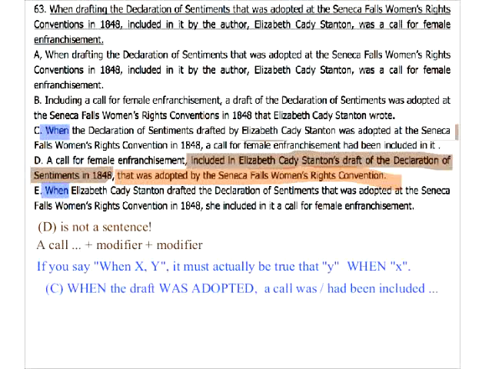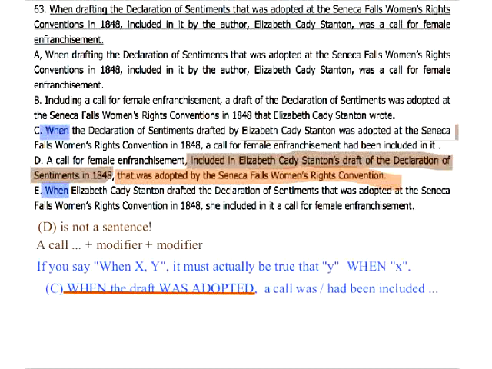I mean, this doesn't make sense, because this must have been done way before the draft was adopted. This is a much later time frame. So this doesn't make sense.